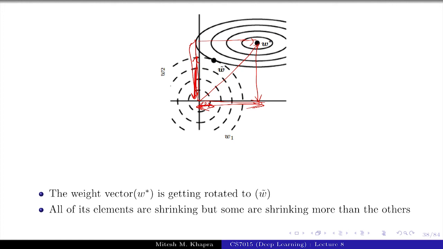No. They have been scaled differently. One weight has been scaled down more, the other weight has been scaled down less. And that's exactly what the math was telling us, that they get scaled in proportion to lambda 1 by lambda 1 plus alpha, and that's exactly what we see in the figure. Is that fine? How many of you get this interpretation now? So all of its elements shrink.